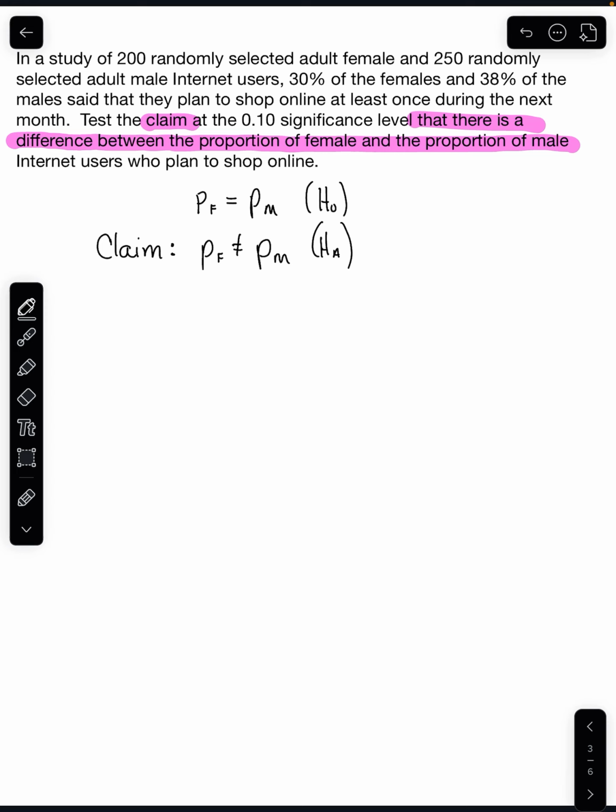Now, before we run off, we do need to make sure that we have met all of the conditions here. It does state that both samples were randomly selected.